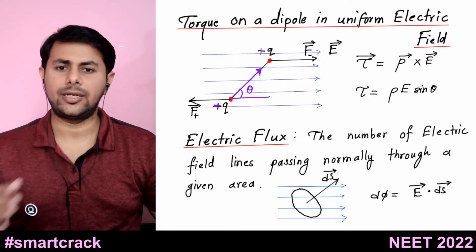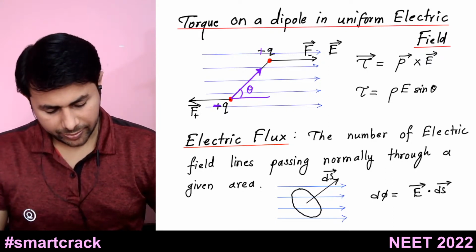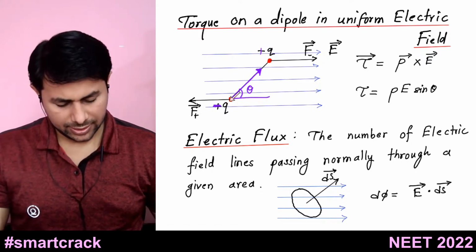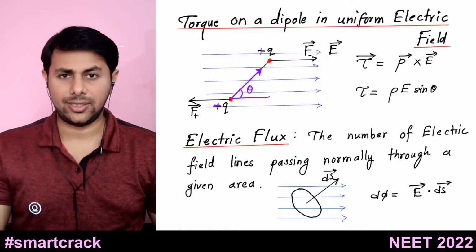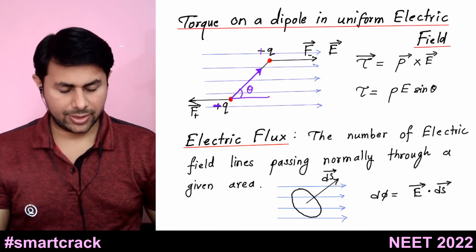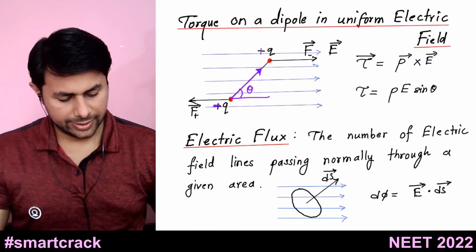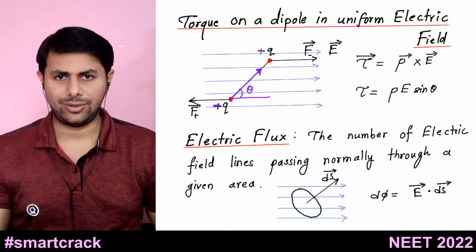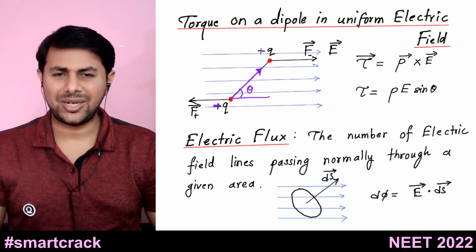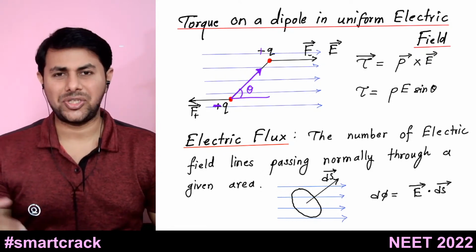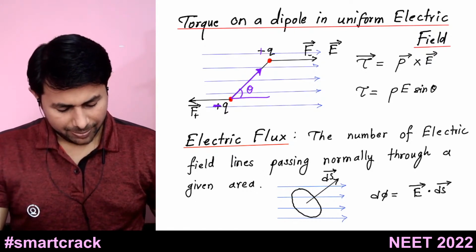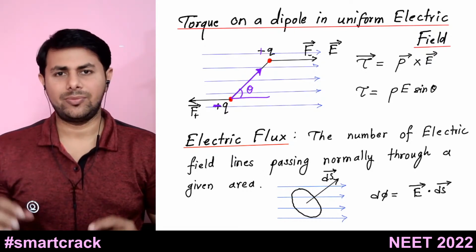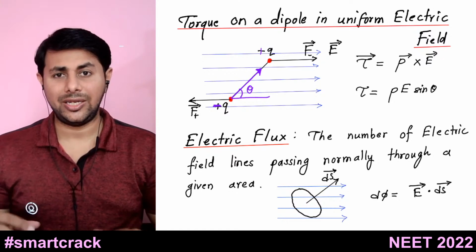The electric dipole vector is directed from minus q to plus q, and this is the direction of the electric field. So the angle between them is theta. So the torque acting on a dipole in an electric field is pE sine theta. So there can be a direct question on this also. Actually there was a direct question.